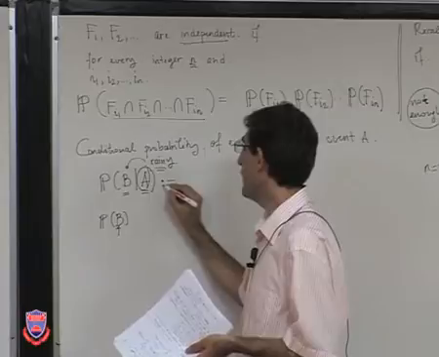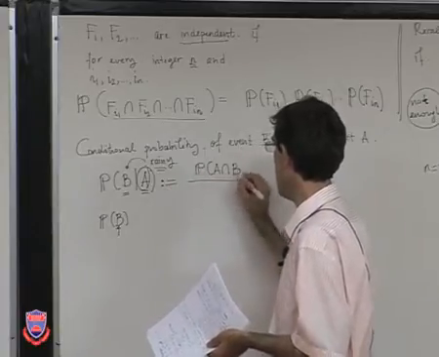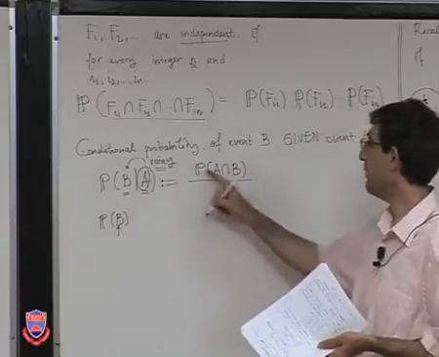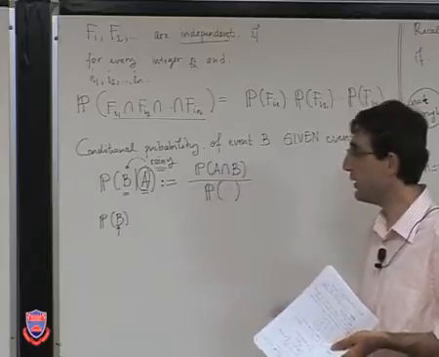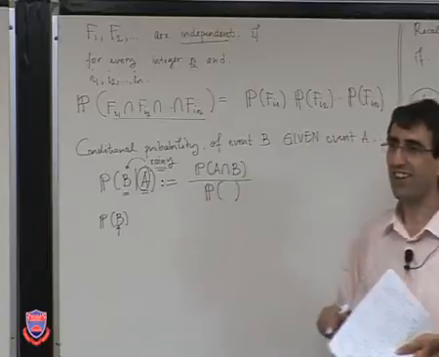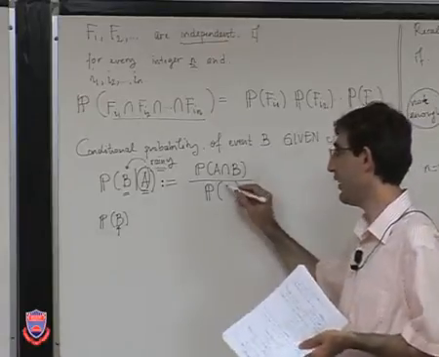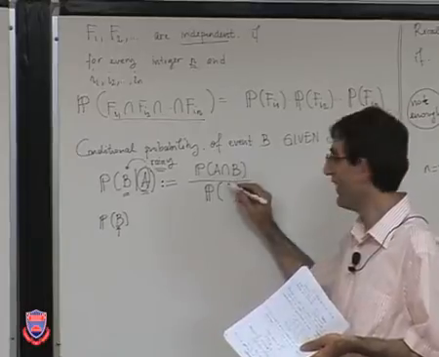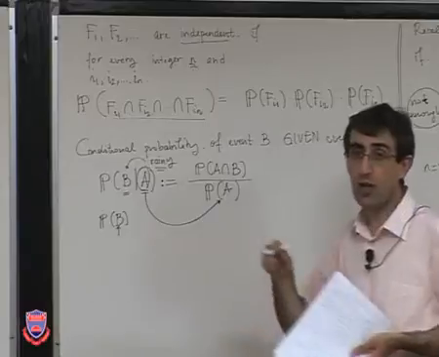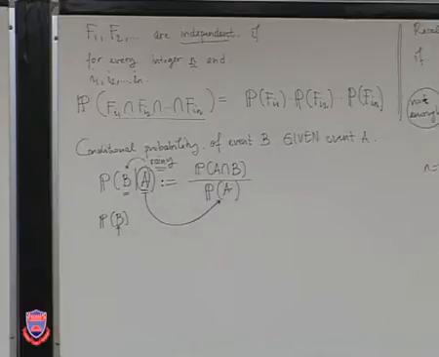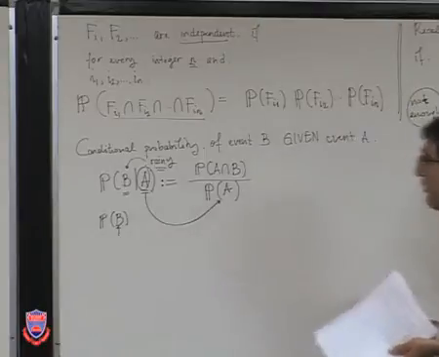Now this is by definition the probability that A and B happen at the same time, divided by the probability of which event? It is A. Whatever event you are told has happened, you take its probability and divide the numerator by it. That's how you define it.